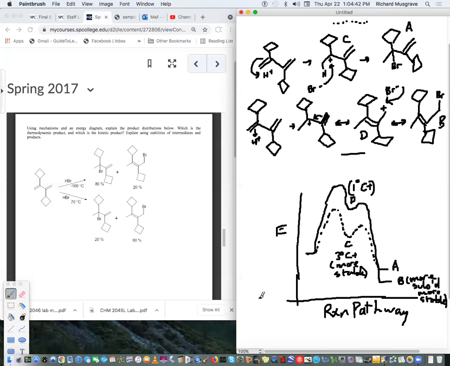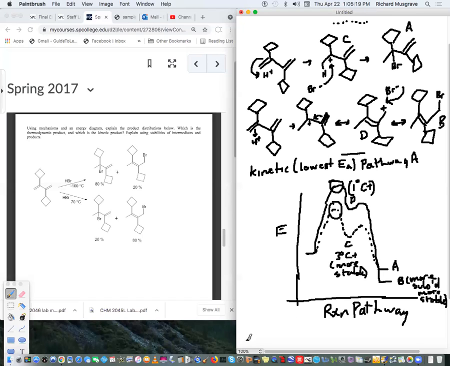So the kinetic, which I'll put up here, has to do with which one has the lowest activation energy. That is going to be pathway A. And what we're comparing here are these two energies here.